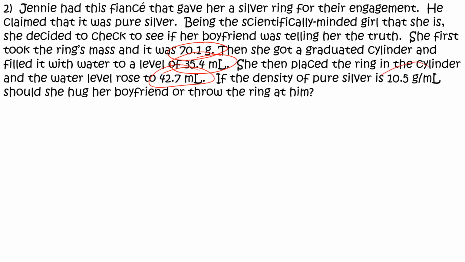Don't be the typical teenager and just plug those things in your calculator, multiply them all together and say, hey, that's it. No, that is not. What is the goal of the problem? That's what you're deciding first, okay? The goal of the problem is to see if this is pure silver. And remember, all substances have one and only one density.